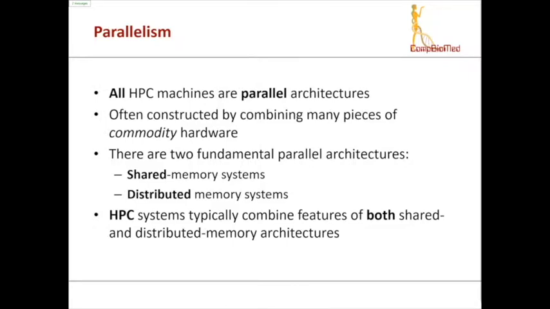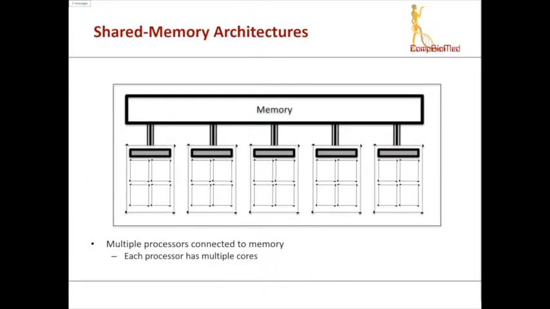So this is a shared memory architecture. In this image, we have a large bank of memory, which is accessed by these 5 processors. And each of these processors has 4 cores, and they all have their local cache. So all cores have access to the same bank of memory.